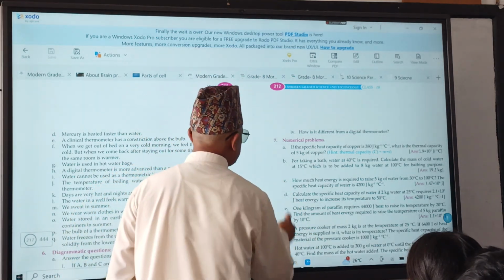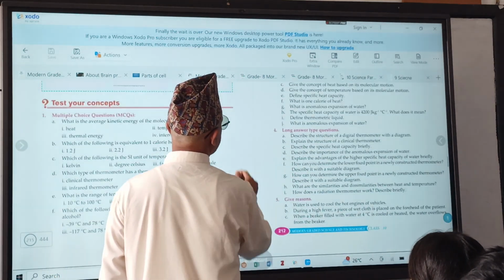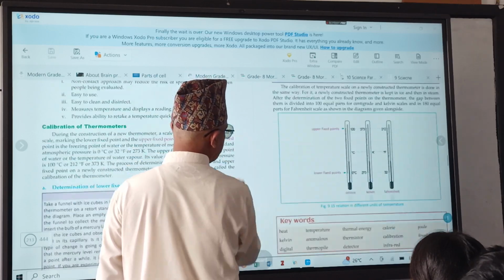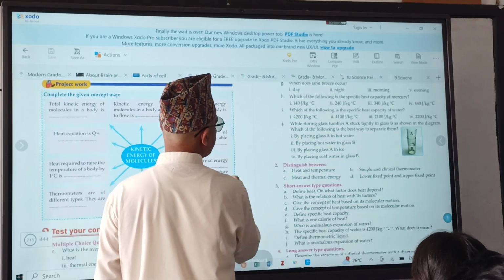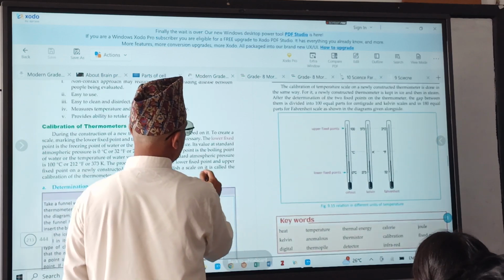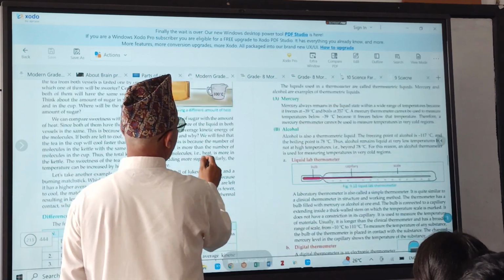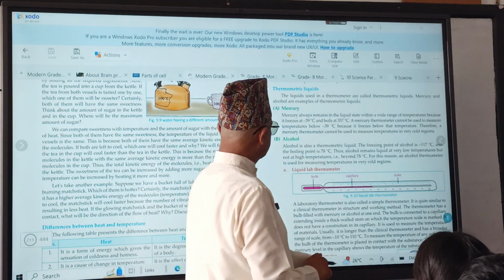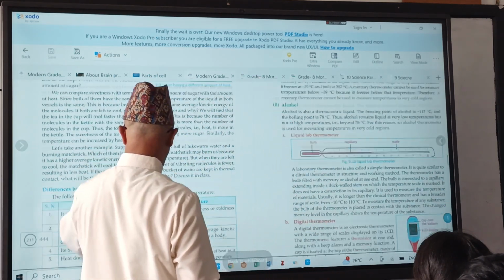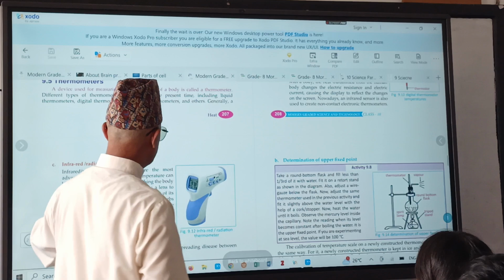You have seen here, no? Where is the diagram? The diagram is a little bit up. There was a lovely diagram. Yeah, here is the diagram. But this is not a clinical thermometer. This is a laboratory thermometer. I think in the diagrammatic questions there was a question, right?